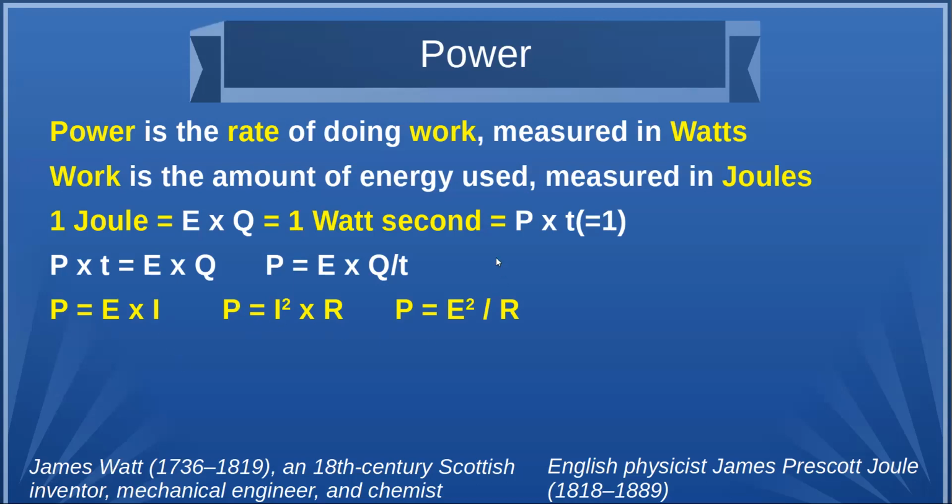Or if you play substitution with Ohm's law, it's equal to the current squared times the resistance. Or it's equal to the voltage squared divided by the resistance. So they're all things you can derive between the power equation and Ohm's law equation by substitution.